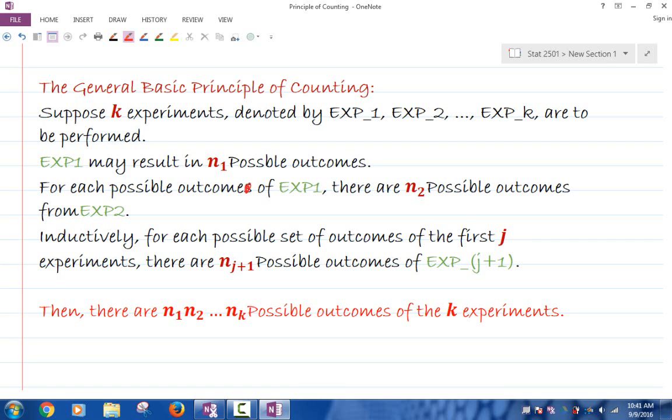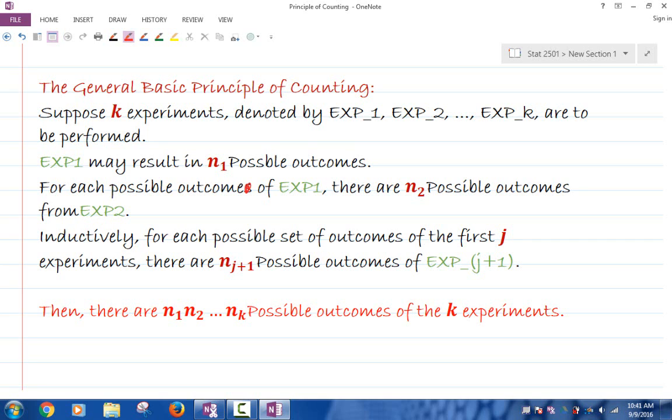Let me read this one more time. We have k experiments, exp1, exp2, expk. exp1 may result in n1 possible outcomes, and for each possible outcome of exp1, there are n2 possible outcomes from exp2.